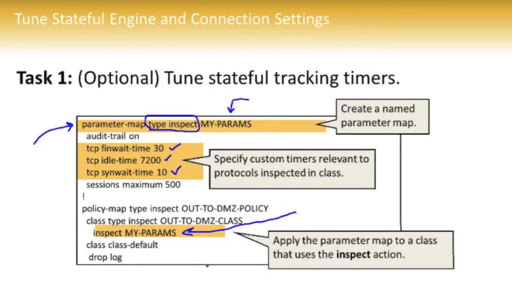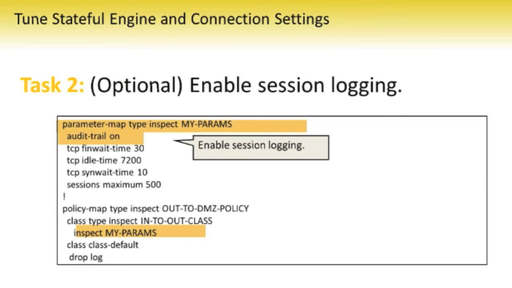This isn't a surprise for us because remember, we said that in order to enact a tuning of the zone-based firewall, we would be doing it on traffic that we inspected. Notice we said we wanted to do auditing or logging of the FTP traffic. So in this same parameter map, we turn on auditing, right next to all the tunings of the timers. And of course, this is applied in that same my params parameter map to the inspect statement.